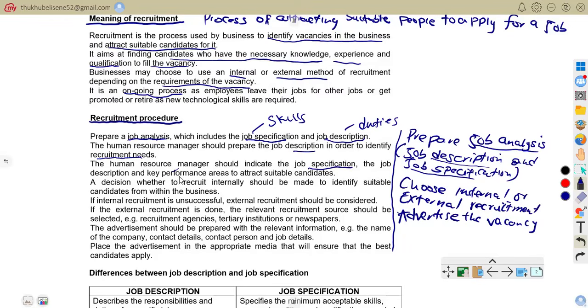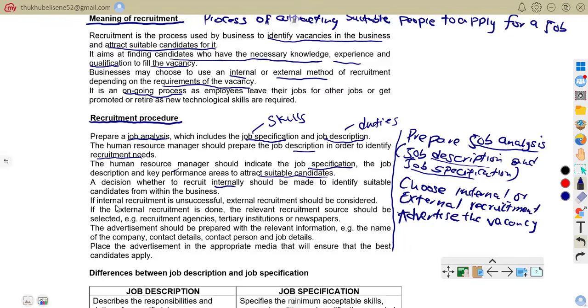The job description and key performance areas attract suitable candidates. A decision whether to recruit internally should be made to identify suitable candidates from within the business. Like we've said, you're going to choose whether you are to recruit internally or externally.